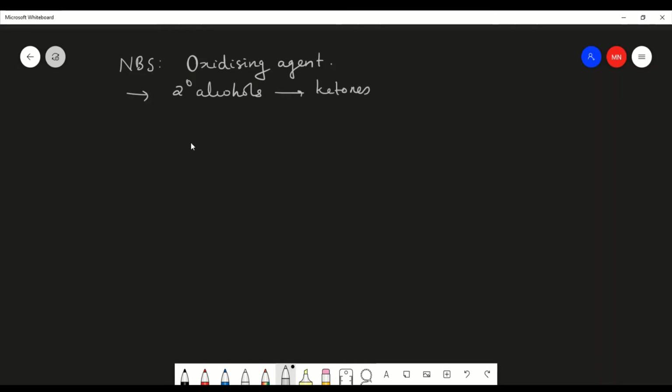Okay. So for example, if you have a secondary alcohol of this sort, and if you are performing NBS oxidation, the product that you will be getting is this type of ketone plus HBr plus N-bromosuccinimide NH. Okay.